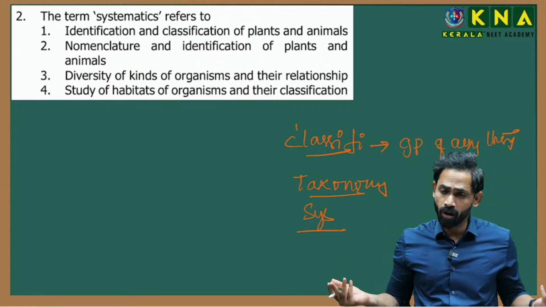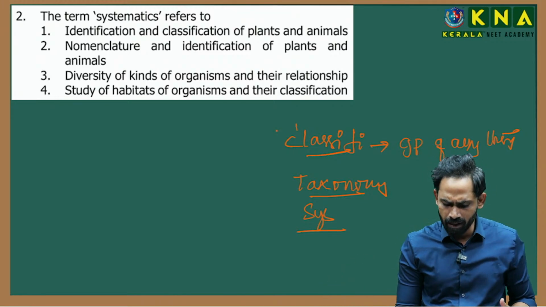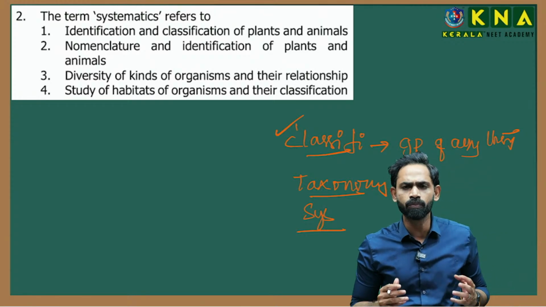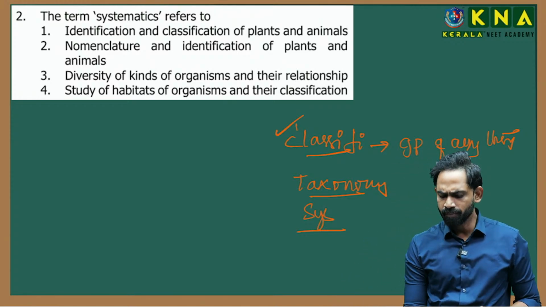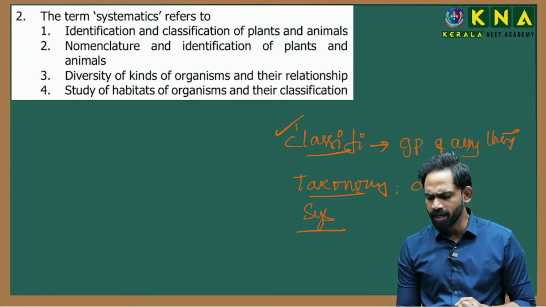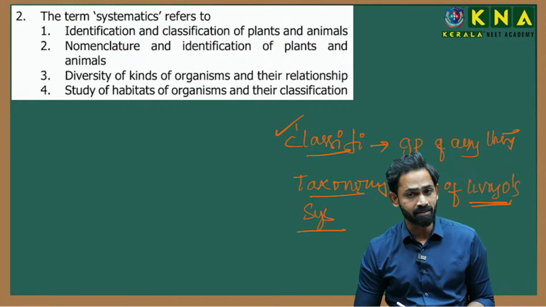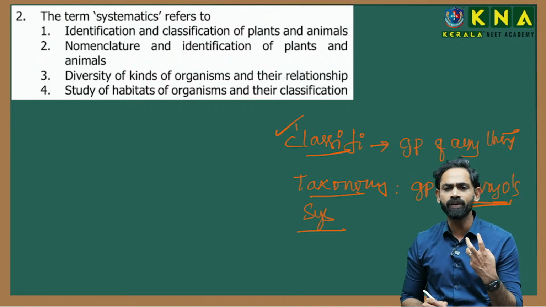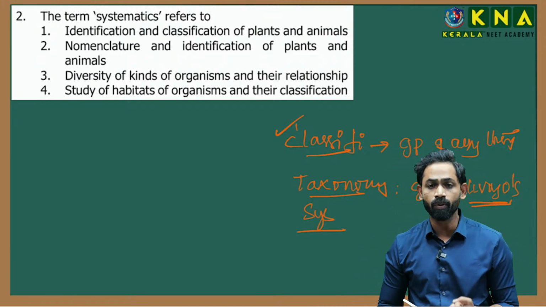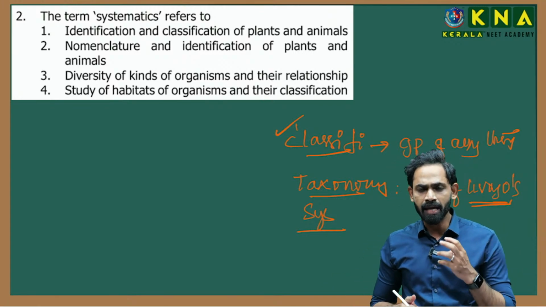Grouping of living organisms, grouping of non-living objects, that comes under classification. Coming to taxonomy, now you need to understand the difference. Taxonomy is a grouping of only living organisms. After listening to the definitions of classification and taxonomy, what is the relation between them?